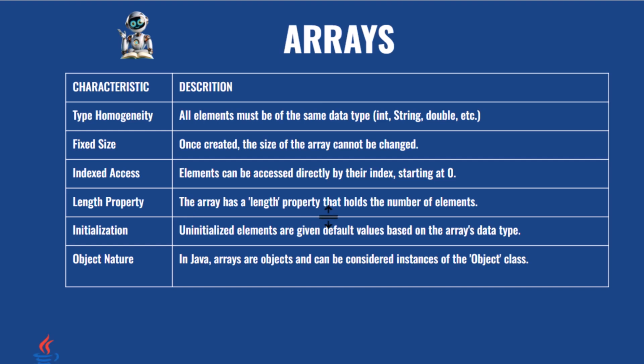The length property we learned about basically tells us how many items are in that array. Initialization: any uninitialized values are given a value of 0 if it's an int. So an array will always have a default value.